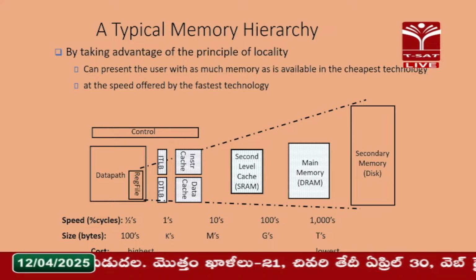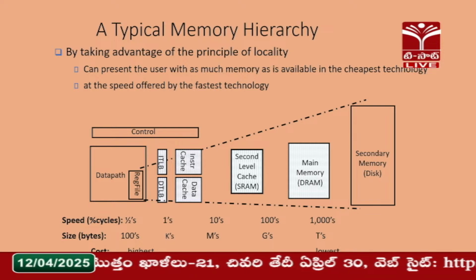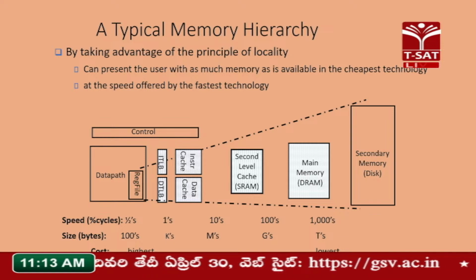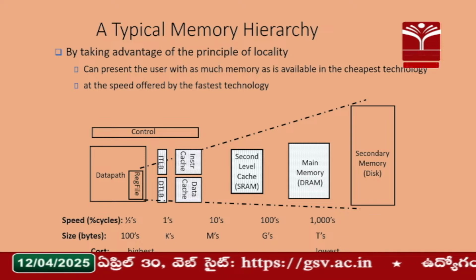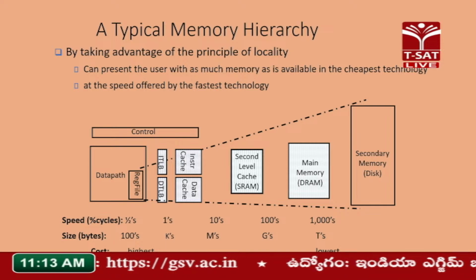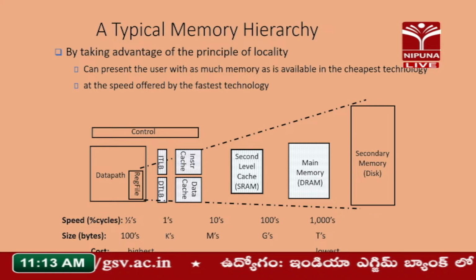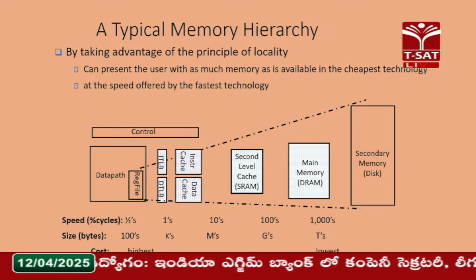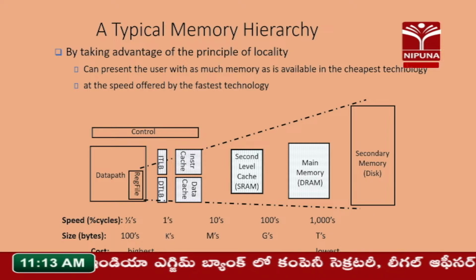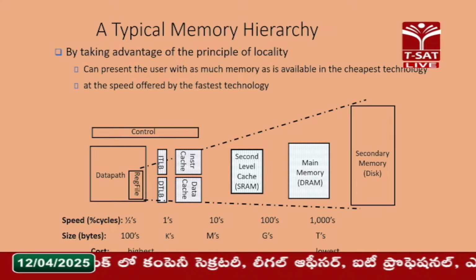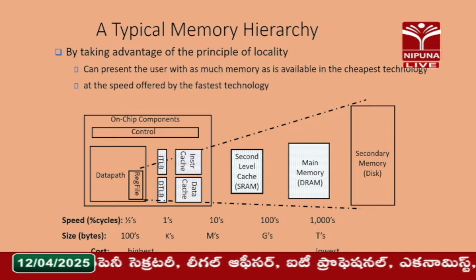If you look at the cache, it's going to be a single clock cycle access. A second level cache could be tens of clock cycles, and DRAM could be in the hundreds of clock cycles range. So the memory is now structured in this kind of hierarchy, and within this hierarchy, the access time or cycle time for that memory varies depending upon where it sits.